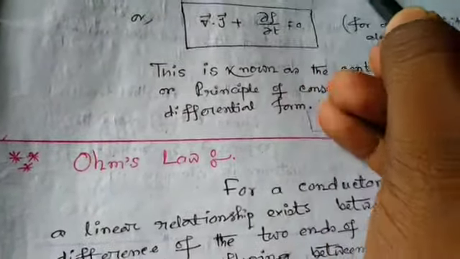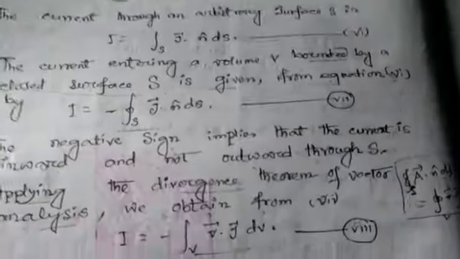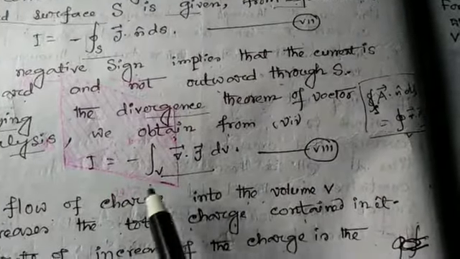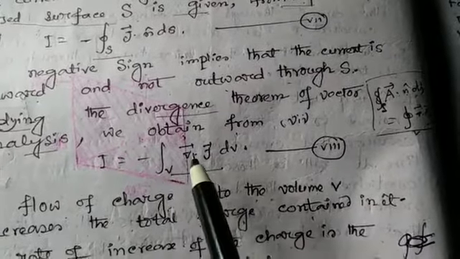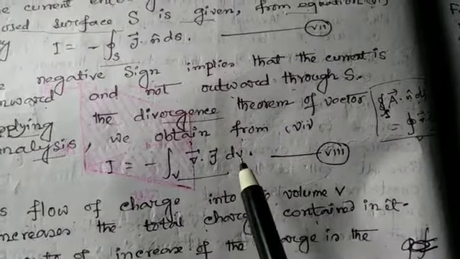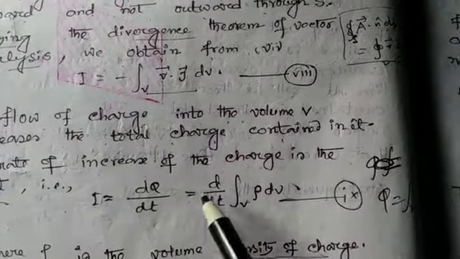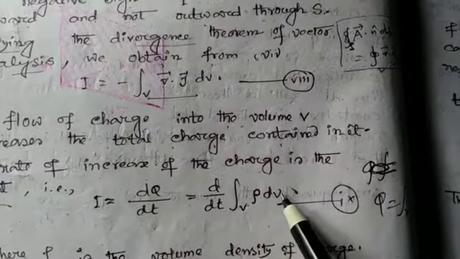From equations 8 and 9 we write... what is equation 8? This is equation 8: I equals volume integral of divergence J dV. And equation 9: I equals d by dt of volume integral of rho dV.